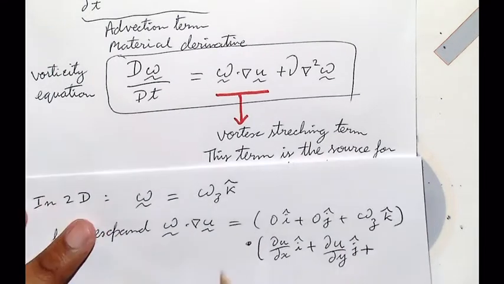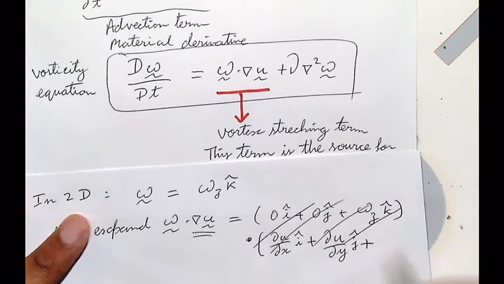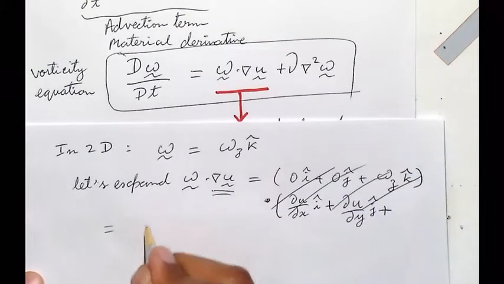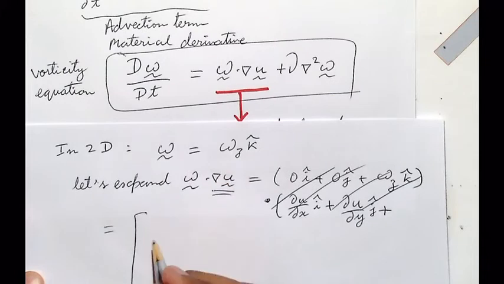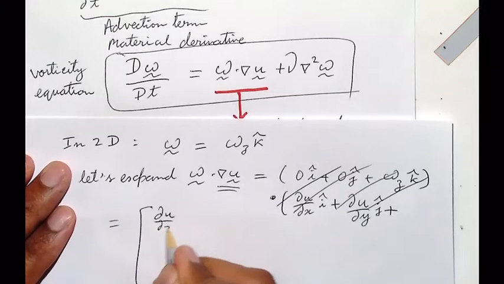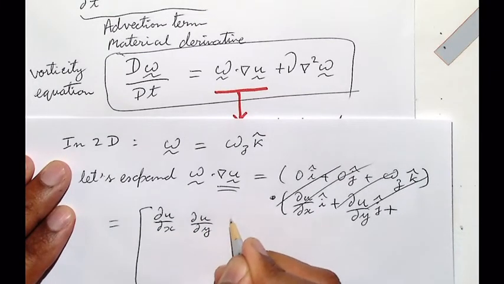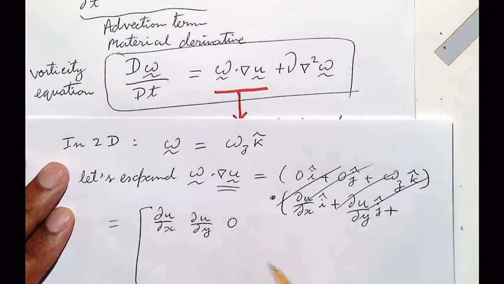Okay, so this is a tensor, right? We have to write it as the matrix. So we have ∂u/∂x, ∂u/∂y, and the last one is 0, because there's no z.